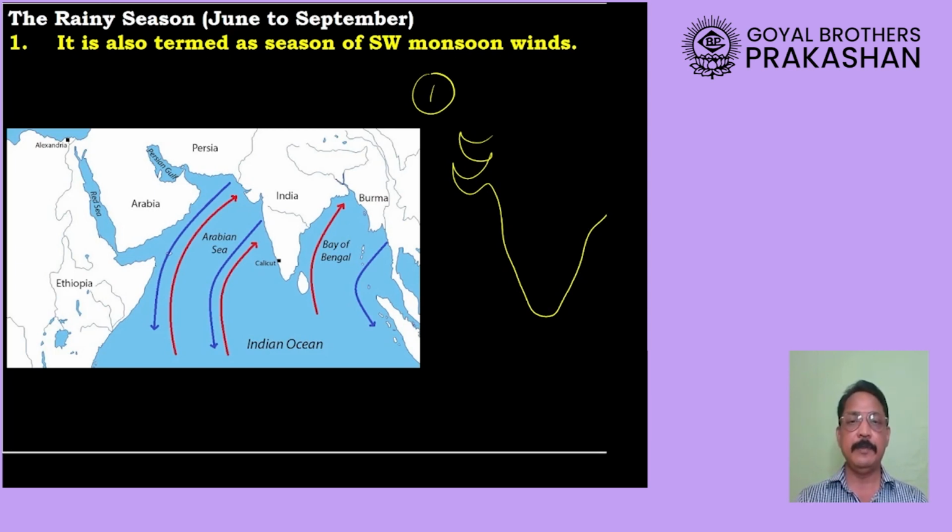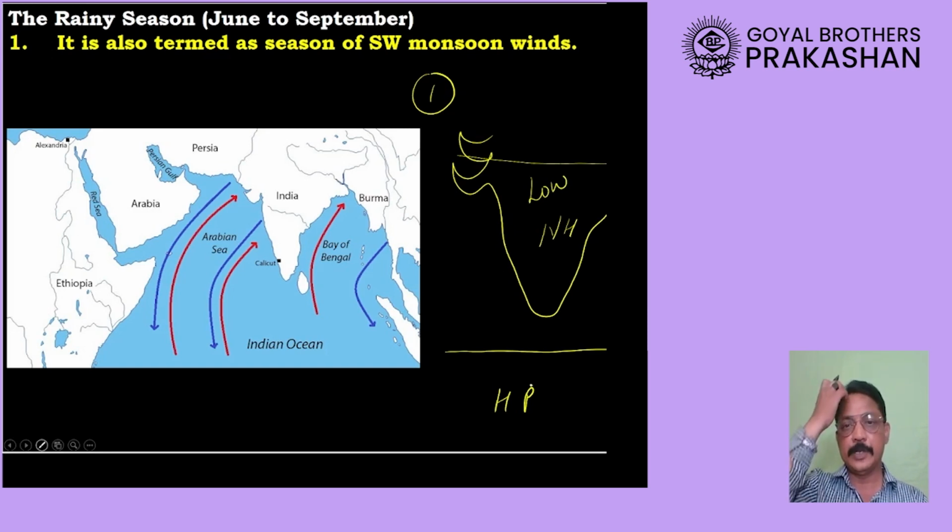Now you might be wondering why it is called the southwest monsoon season. We have already studied that if this is the equator, the Tropic of Cancer passes almost through the middle part of India, and India is in the northern hemisphere. During summer in the northern hemisphere there is low atmospheric pressure, and at the same time in the southern hemisphere there is high pressure.